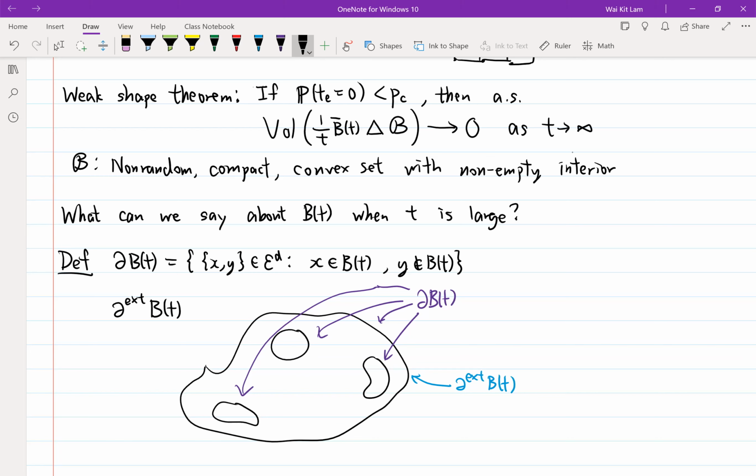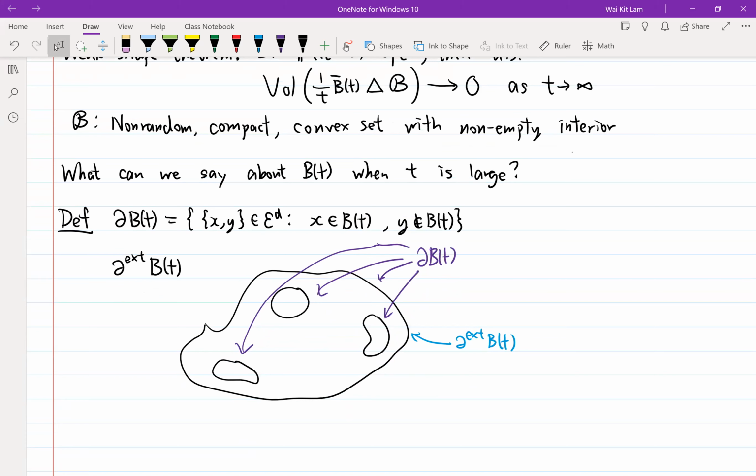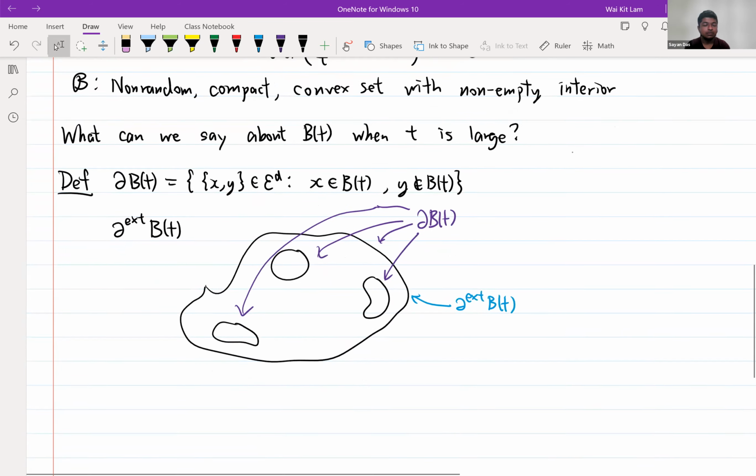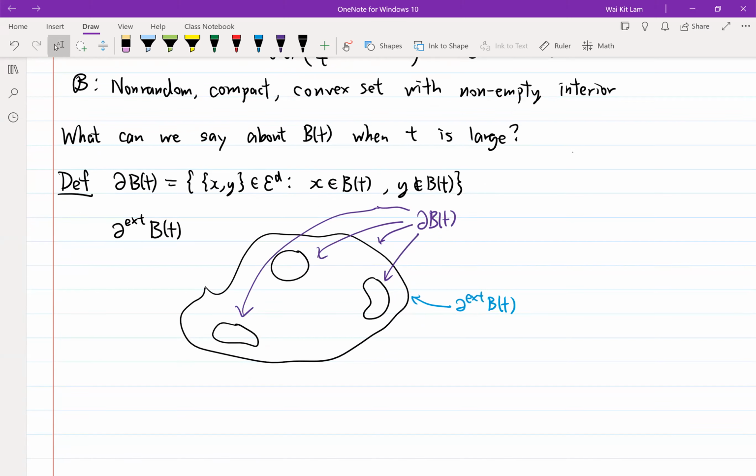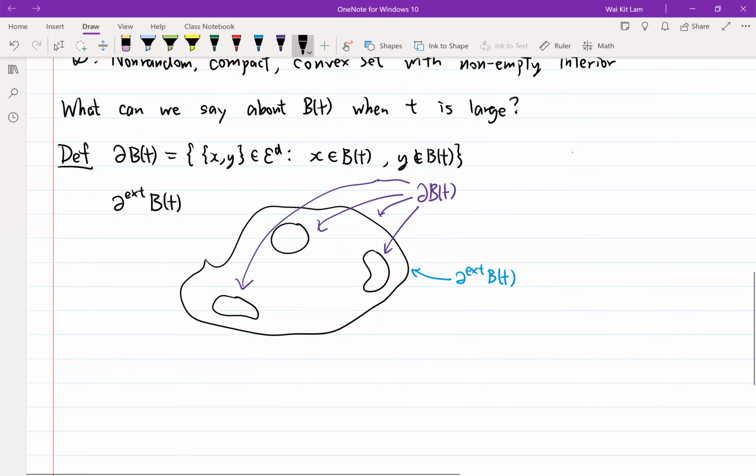But this is essentially impossible. One reason is that the pseudometric T is random, so it is rather difficult to describe how this behaves precisely, because you need to know precisely what happens at time t. So instead, we will look at an easier question. What is the size of this boundary?